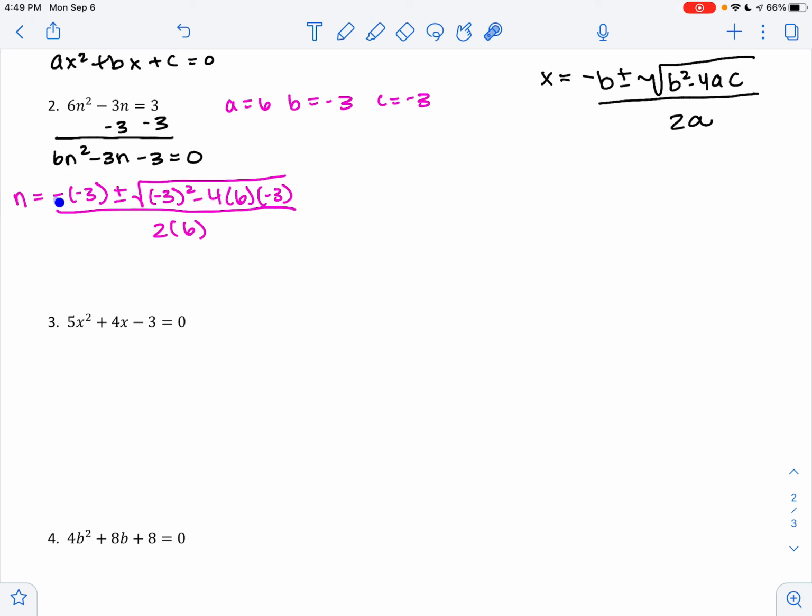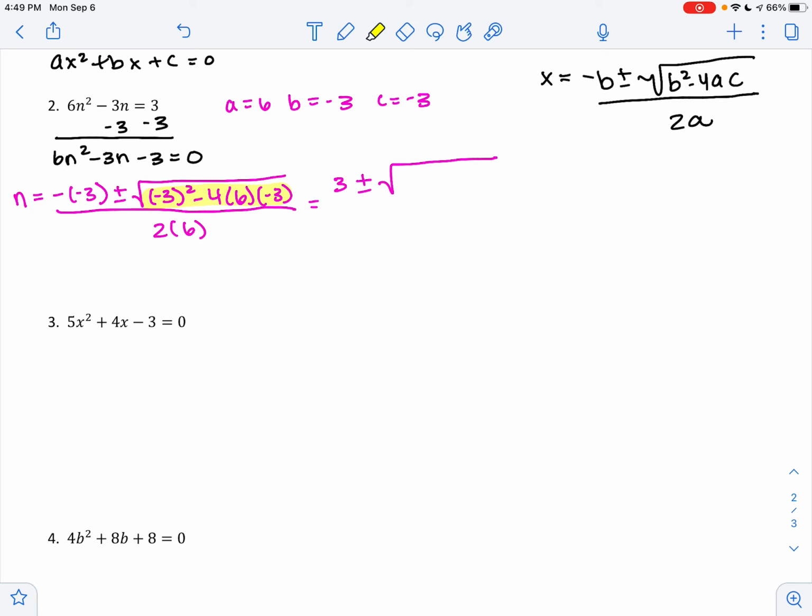The part before my plus or minus, my discriminant underneath the square root symbol, and my denominator. For the first part, a negative times a negative is a positive, so that's going to give me positive 3. Plus or minus the square root of, and in my calculator, I am going to calculate that discriminant.